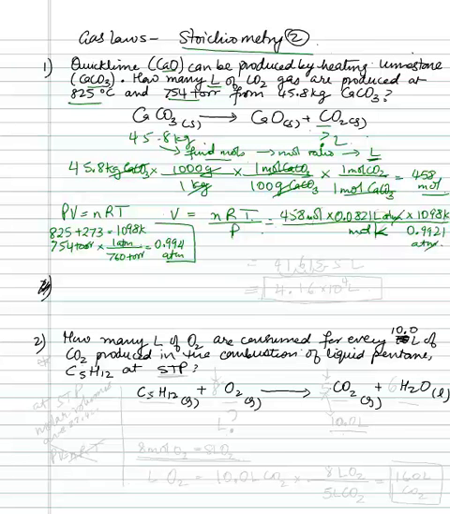Again cross out the units. Moles cancel, we're left with liters, and this is equal to 41615.5 liters, which is equivalent to 4.16 times 10 to the power of 4 liters. Okay, so very simple, straightforward stoichiometry.